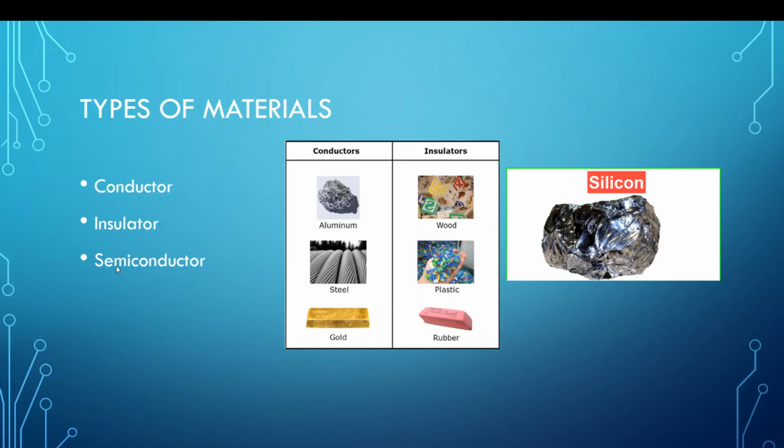A semiconductor is half conductor and half insulator. Most electrical engineers will call it a bad conductor. That's because it's not fully a conductor, it's a semiconductor. If you look at the word itself, semi means half, and conductor means materials that electricity can roam freely in. So it's half of the electricity that could roam freely.